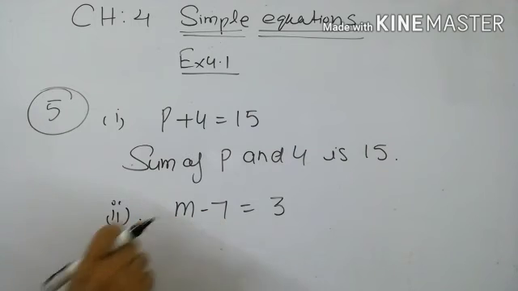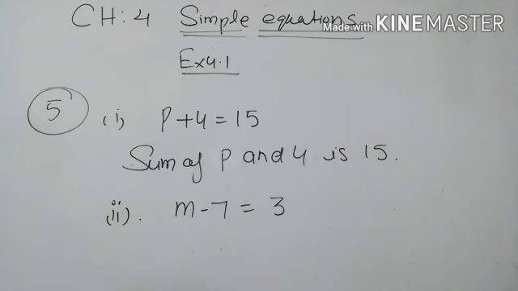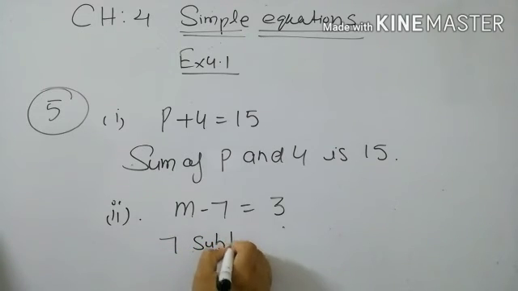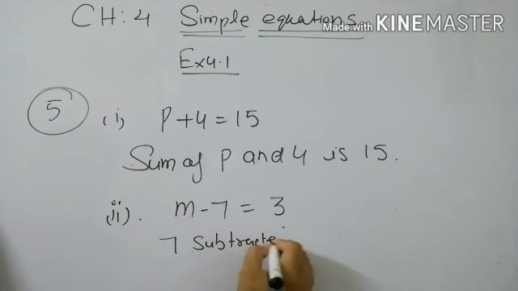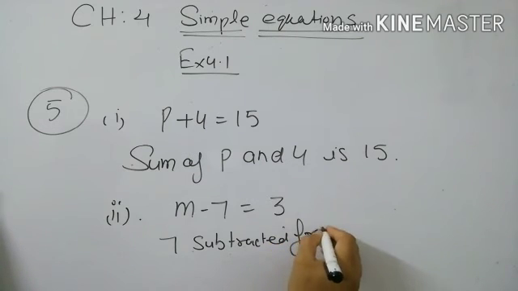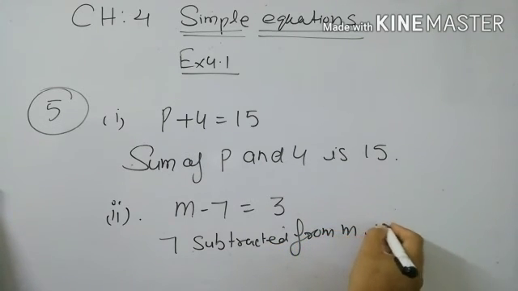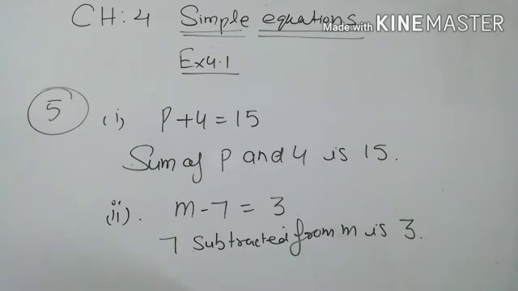There is a minus sign of subtraction. This is m and this is 7. So 7 subtracted from m is 3. So we write here: 7 subtracted from m is 3, because there is a subtract sign, a minus sign.